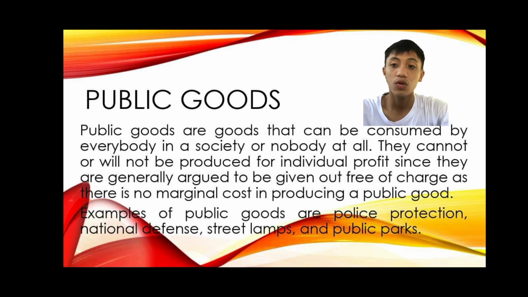They cannot or will not be produced for individual profit since they are generally argued to be given out free of charge as there is no marginal cost in producing a public good. Examples of public goods are police protection, since police protection is a need for everyone, not for a specific person, national defense, street lamps, and public parks.